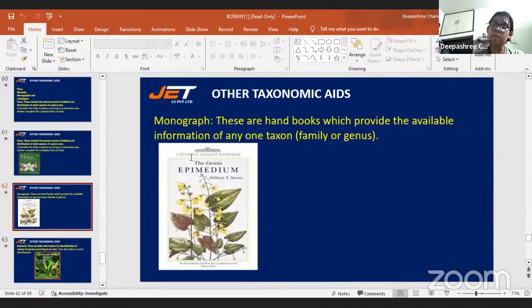So a monograph is the handbook. It gives you an idea about only one taxon, only one family or one genus. Generally it is for plants, but there are certain monographs for different animals also.